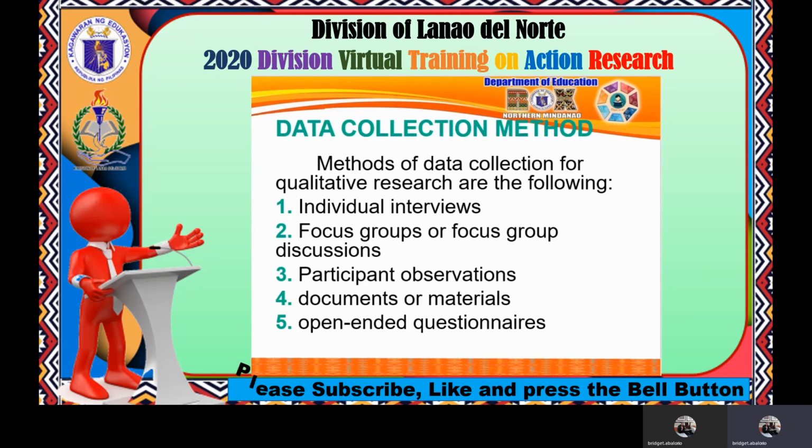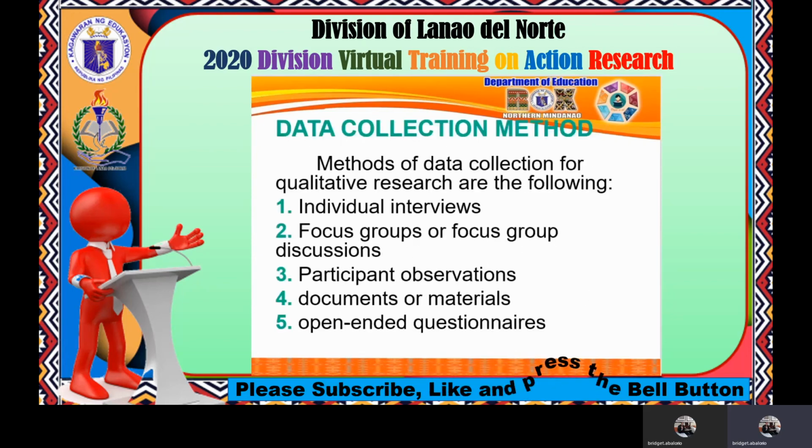Meaning to say, in this kind of method of data collection, there will be a scanning of documents. Another, we have open-ended questionnaires. When you use open-ended questionnaires, one question must have a follow-up question. So, it might be probing questions.